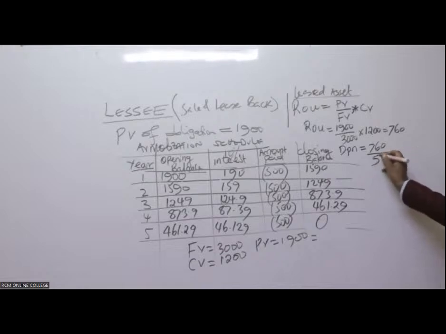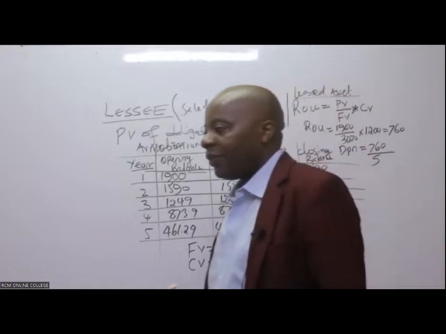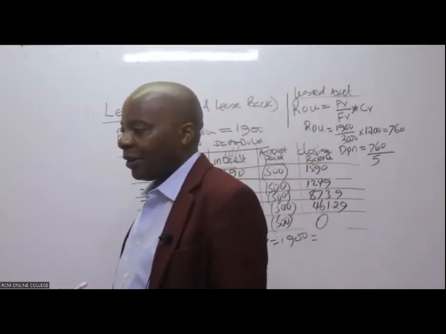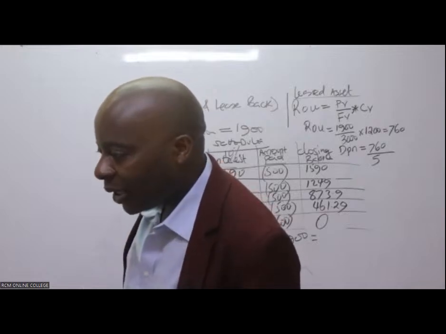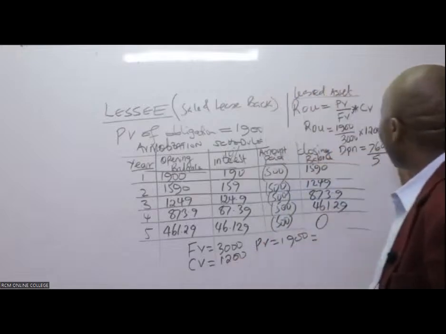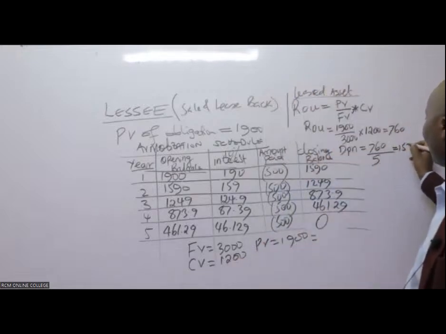Lease life is 5 years. So 760 divided by 5 gives me 152. This is very important for us.